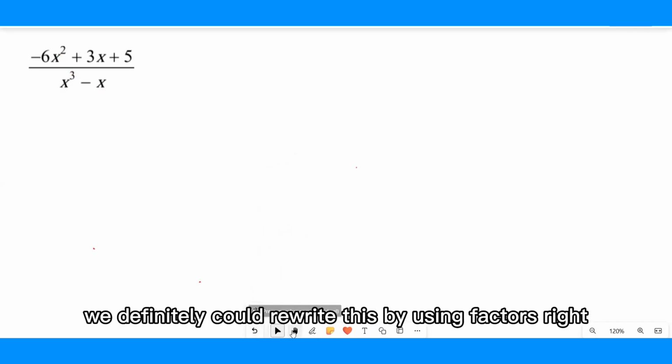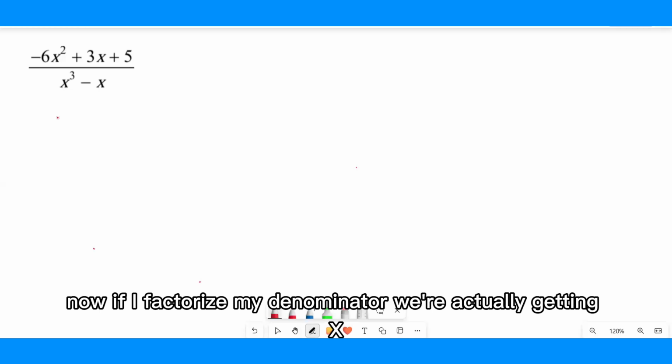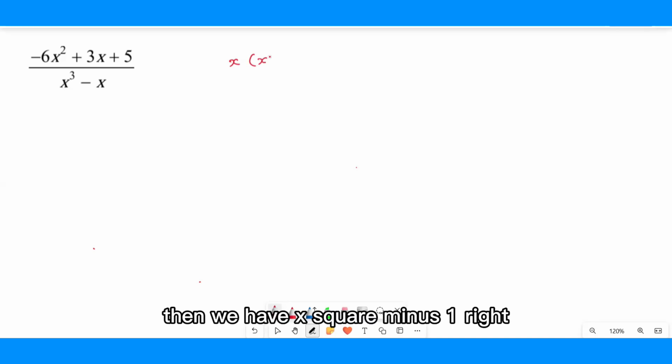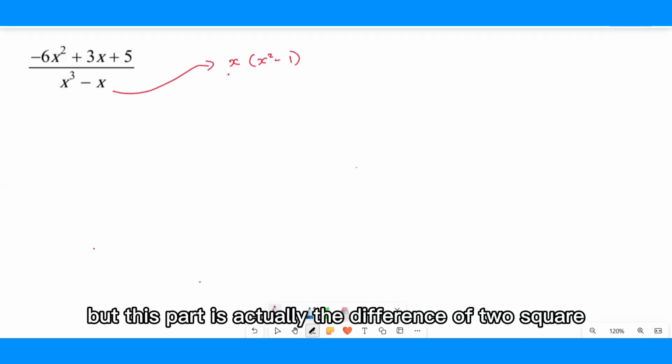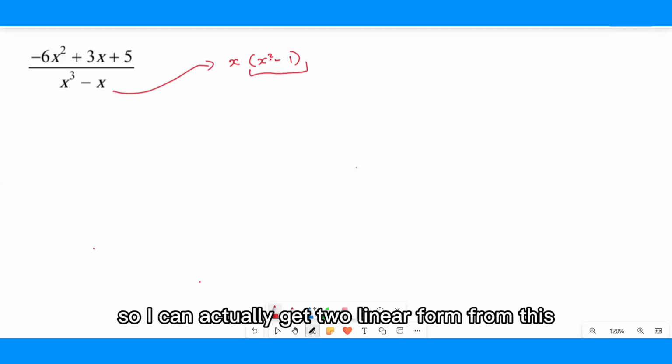We definitely could rewrite this by using factors, right? Now, if I factorize my denominator, we're actually getting x, then we have x squared minus 1, right? If I factor this, this part is actually the difference of two squares. So I can actually get two linear forms from this.